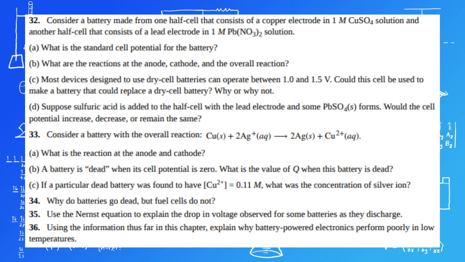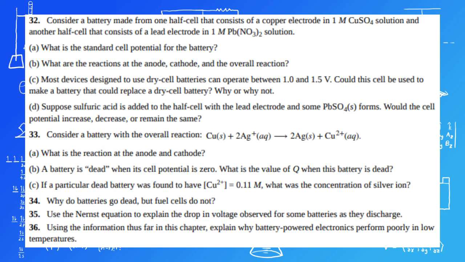There's no place to fill it up. You can recharge it. You can try to reverse the process for some batteries. Not all batteries are rechargeable, as you know. But yeah, you can read the FYI sections of the typical chemistry textbook regarding all the different types of batteries and fuel cells and whatnot.